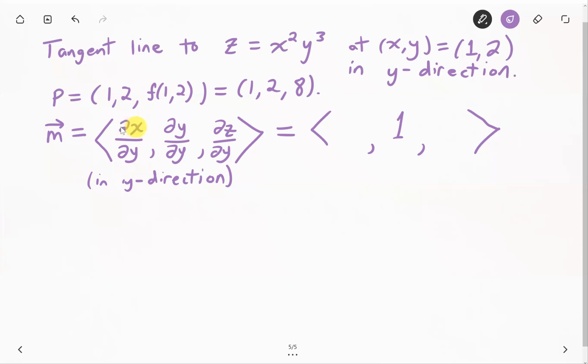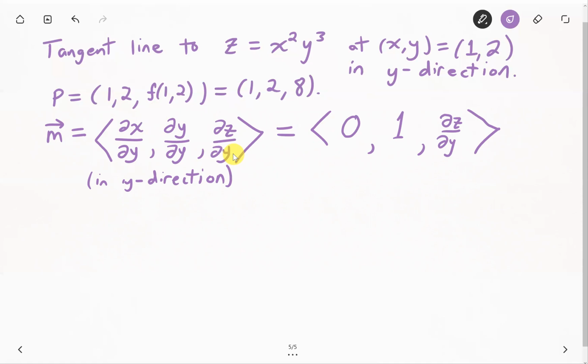So x being held constant, x does not change. The change in x is 0. And so dx dy is equal to 0. Finally, we have dz dy. And this is the one which requires a little bit of calculus. So this is going to be the formula for the slope vector when we're calculating tangent lines in the y direction.